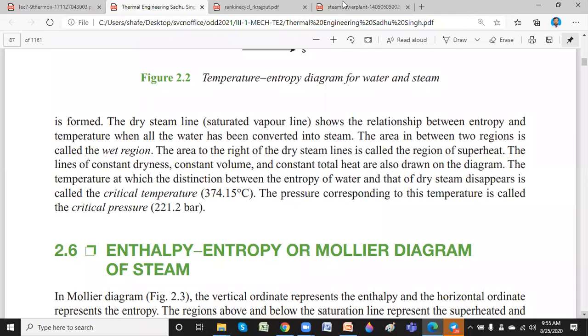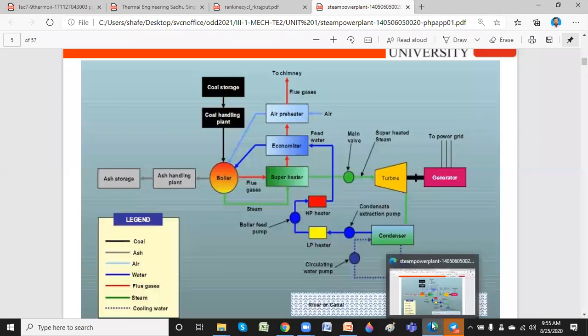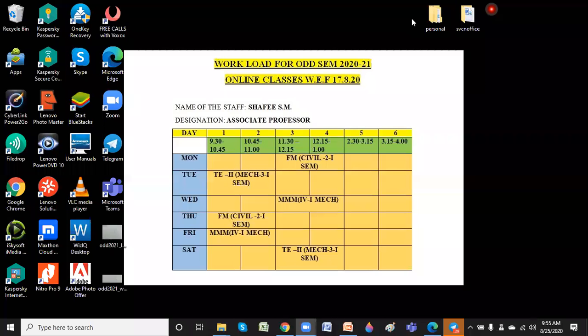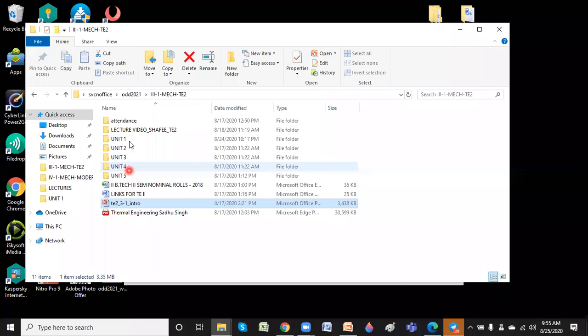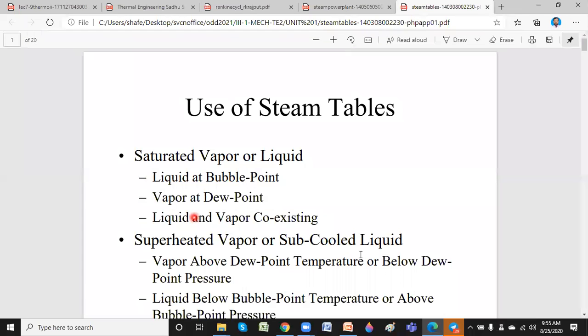Okay. Now let me take one more thing to make you clear about the steam tables. Now you just see here what I'm showing for you.